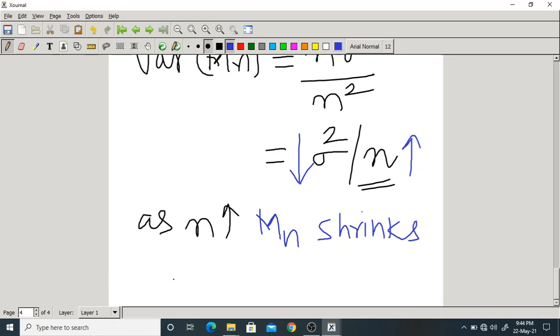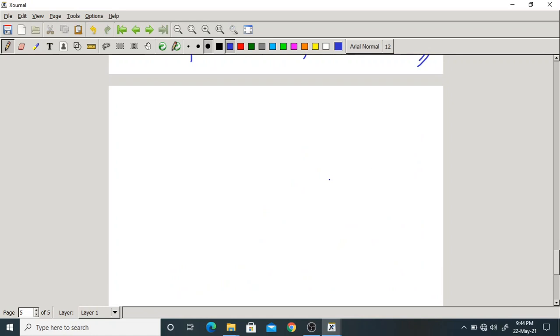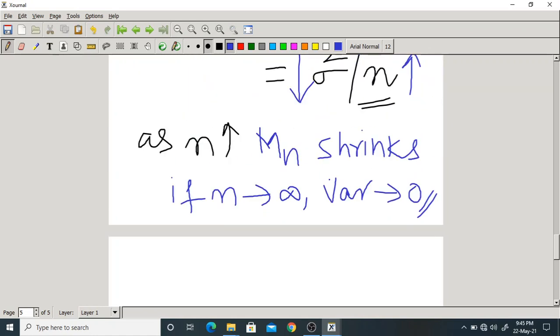Why? Because if n tends to infinity, obviously the variance tends to 0. In the simple sense, if n increases, the variance decreases, it is shrinking. Okay. Now, in the first case, the PDF is spreading out. In the second case, it is shrinking.